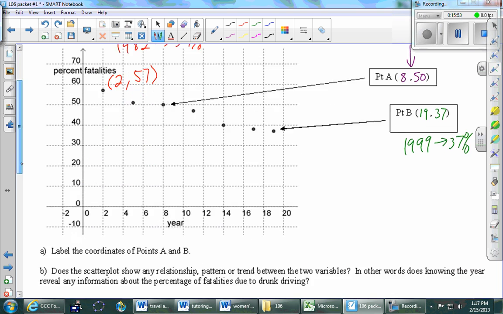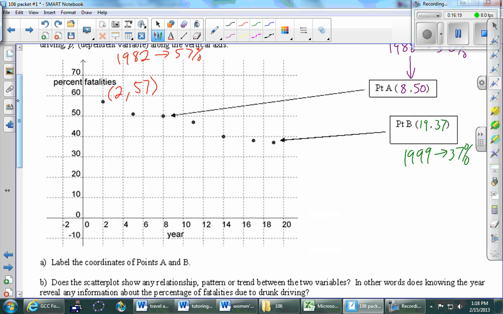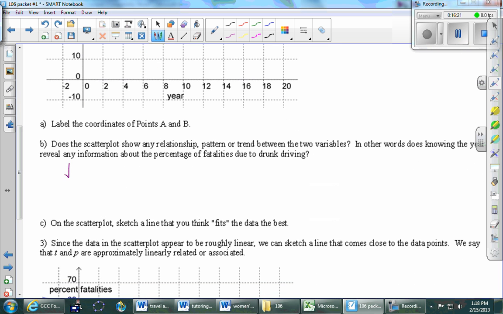Okay, let's continue on. We've already done this, label the coordinates of points A and B. Let's go to part B, Aaron. Okay, so looking at the table, again, we said that the data points are generally decreasing, so we could certainly say that.